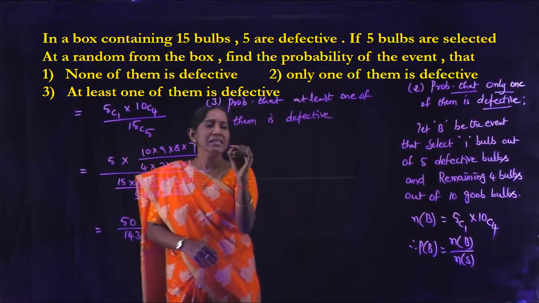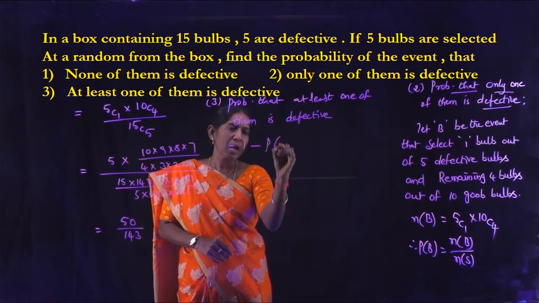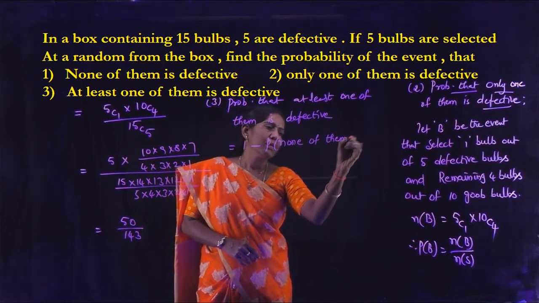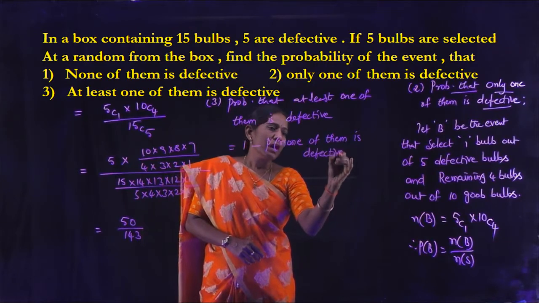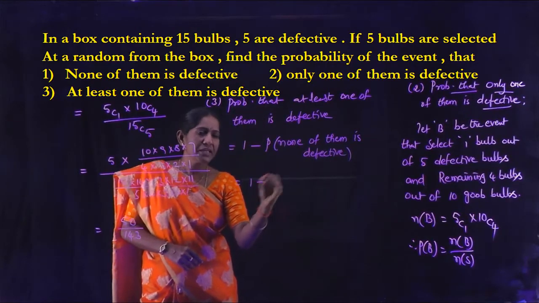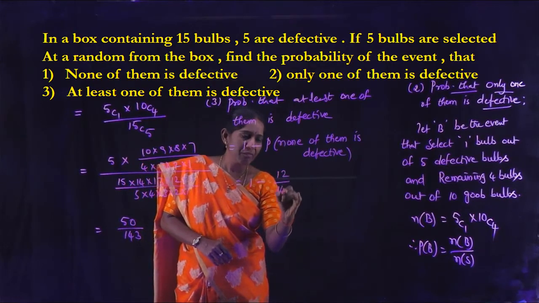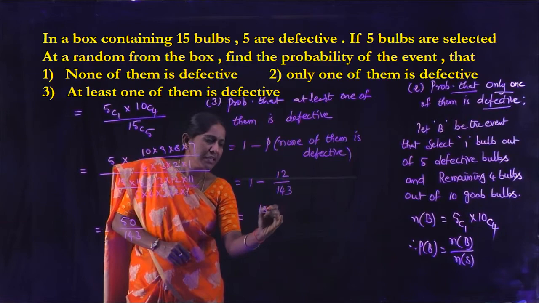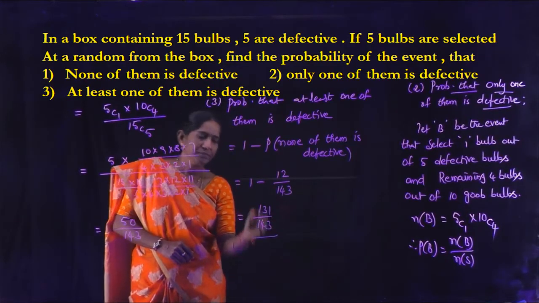This is nothing but 1 minus the probability that none of them is defective. We already know the probability that none of them is defective for this problem is 12 by 143. So 1 minus 12 by 143 is 131 by 143.